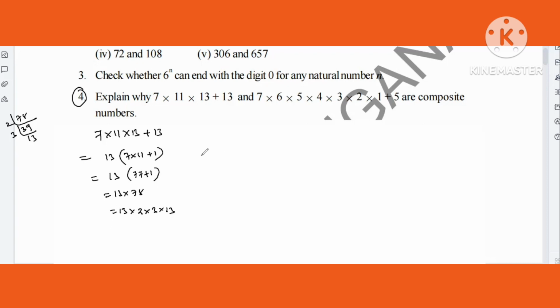So here what you can write as the answer: 7 into 11 into 13 plus 13 is expressed as a product of primes, so it is a composite number.